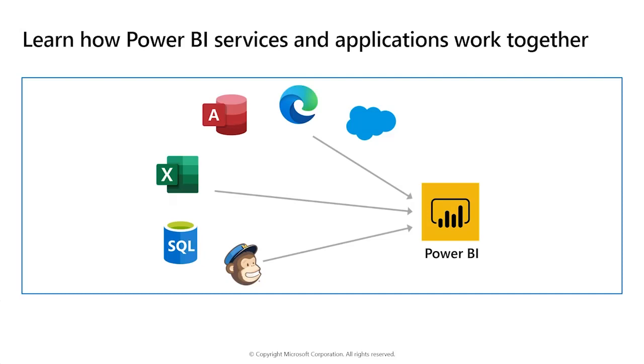So one of your colleagues, say in sales, might then use the Power BI mobile app to monitor the progress of their sales quota and drill into new sales leads and all that kind of stuff.